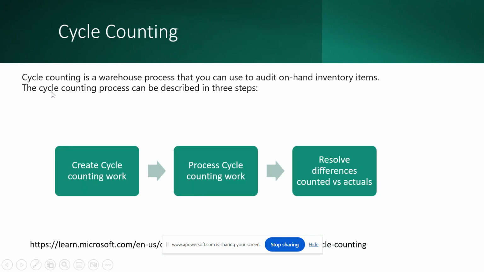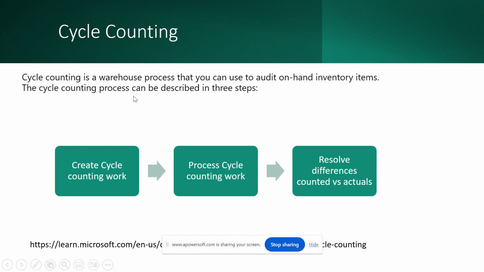First of all, what is cycle counting? Cycle counting is a warehouse process that you can use to audit on-hand inventory items. Let's say at any point in time you want to verify how much quantity you have on hand and whether that matches the quantity in the system or not. The stock audit operation is performed by the warehouse team, where they ensure that the system stock matches their real-time inventory.